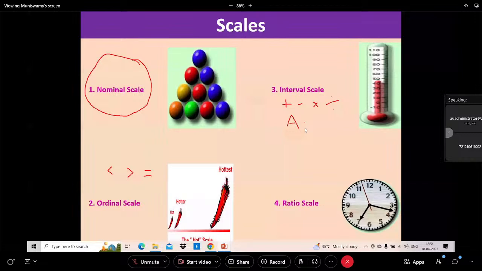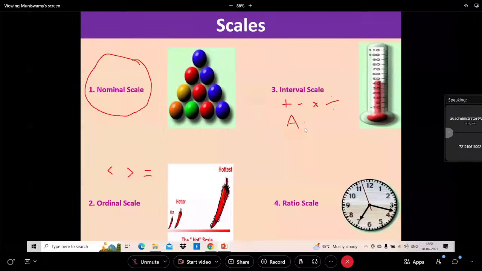Next, colors differ qualitatively, not quantitatively. Now, a number could be assigned to each color, but it would not have any value. Suppose you see blue, red, green, yellow.